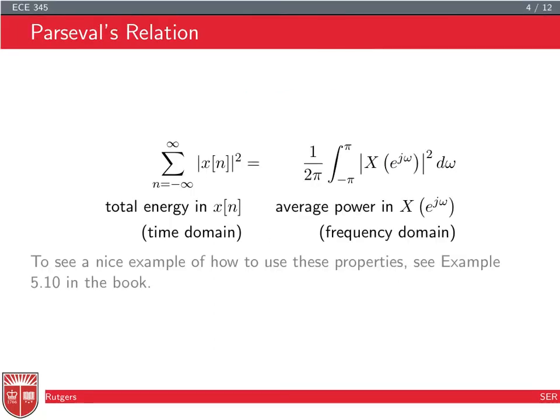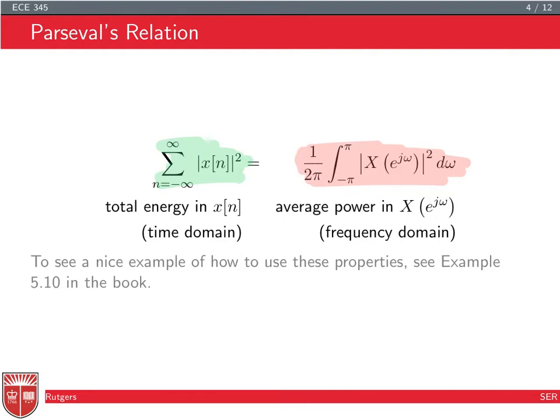Parseval's relation, or Parseval's identity, is a famous identity that characterizes the energy. This part here is the energy of the signal in the time domain, and this is the energy of the signal in the frequency domain. It says basically that the DTFT conserves the energy.